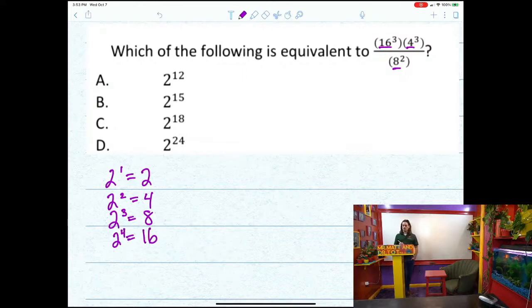So what I would recommend is inserting different exponentiations of the base of 2 in for 16, 4, and 8, and simplifying and then matching against these answer selections. So I'll give you 1 more minute, and then I'll give you the solution.